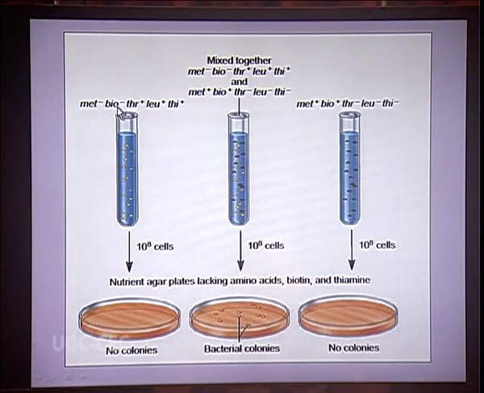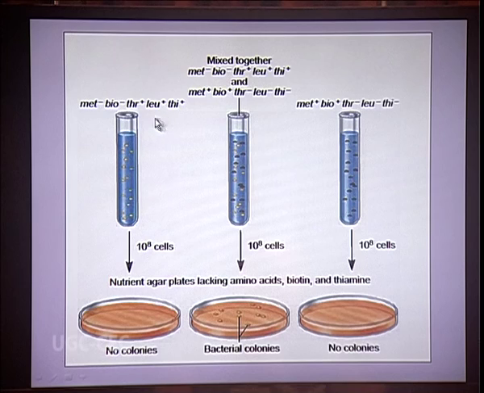On the other hand, the counterpart of an auxotroph is a prototroph, a strain of bacteria that can synthesize all the essential nutrients which are needed for its growth, and hence it can grow in the minimal media. So if we look precisely at the strains that were being used by these two scientists, one strain was methionine minus, biotin minus, threonine plus, leucine plus and thymine plus.